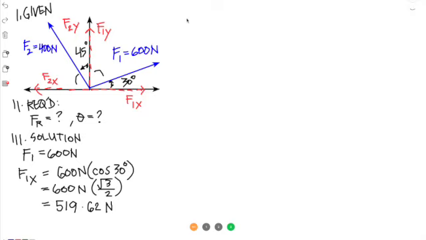So let's go for F1y. We're looking for F1y and it's opposite the angle, so that's 600 newtons multiplied by sine 30 degrees. Sine 30 is 1/2, so this is 300 newtons.